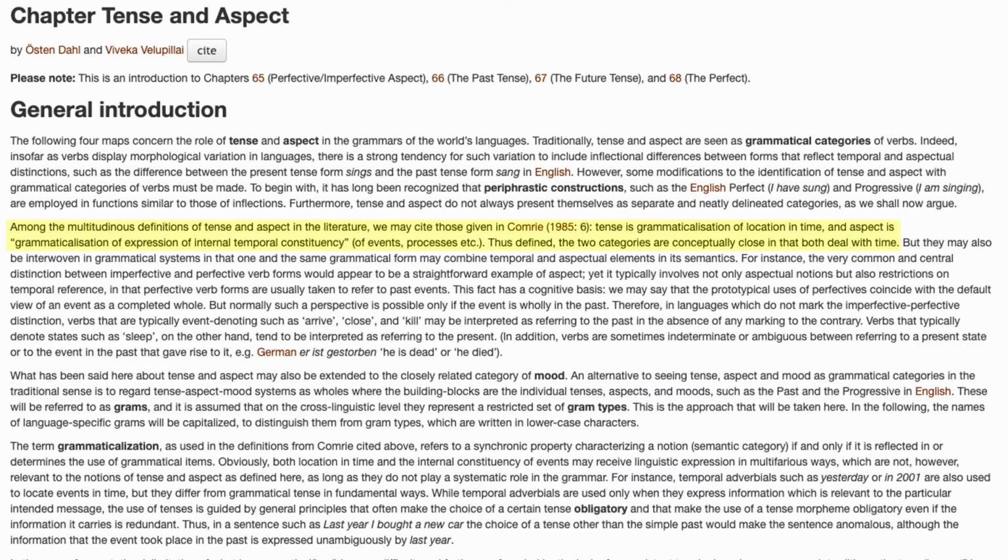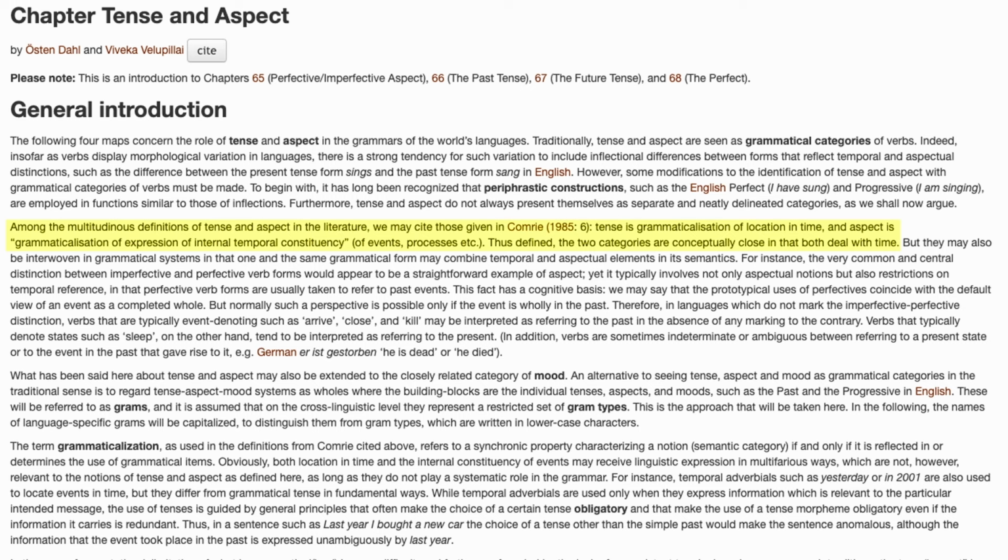Finally, the World Atlas of Language Structures is an online database that can be found at wals.info. It is a database of hundreds of languages, where they are each categorized by certain features. In their introduction to tense and aspect, they state the following. "Among the multitudinous definitions of tense and aspect in the literature, we may cite those given in Comrie, 1985, page 6.